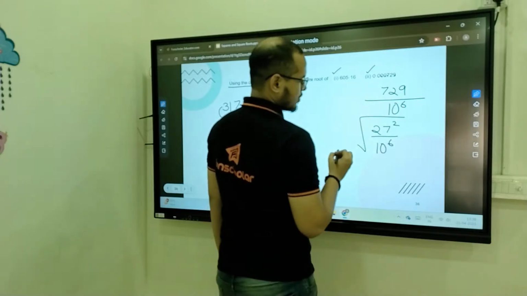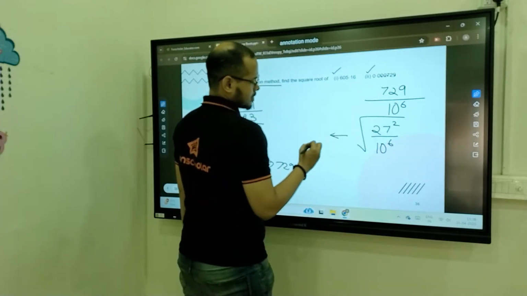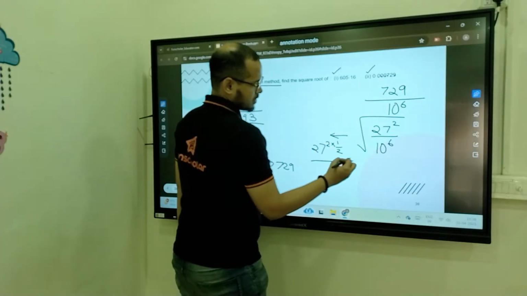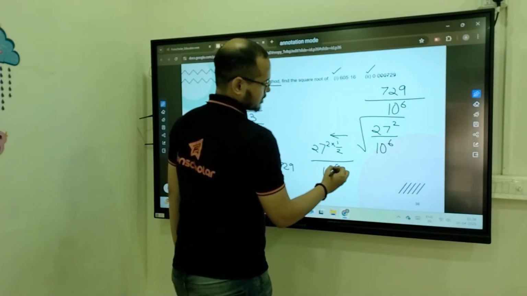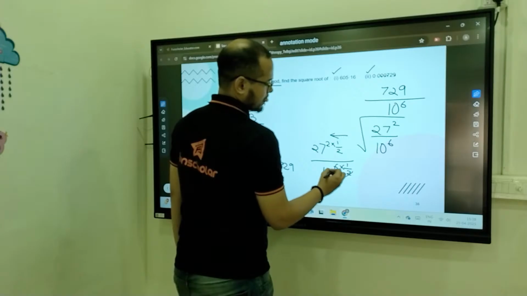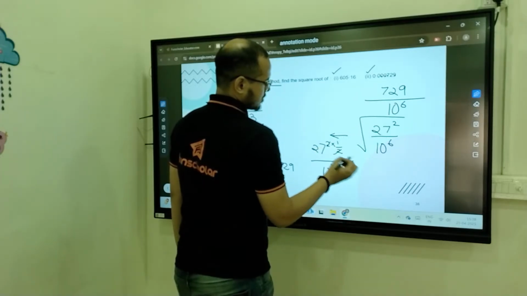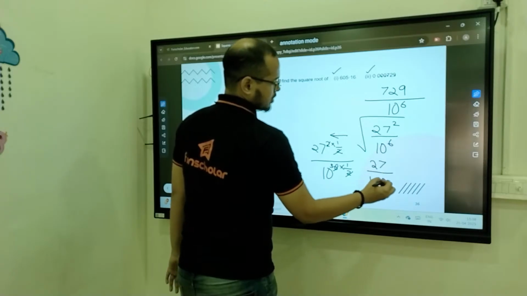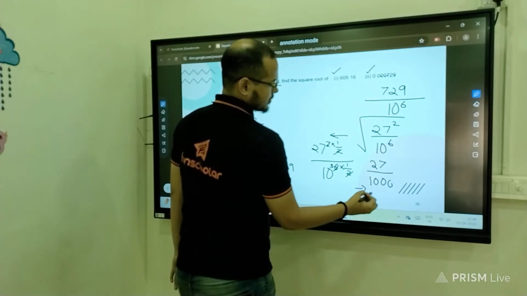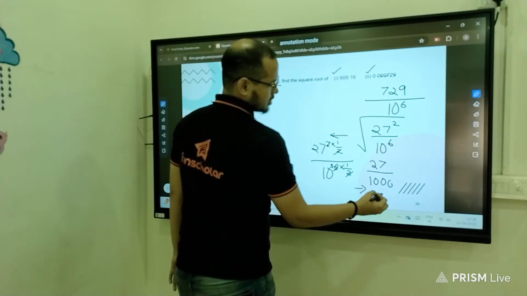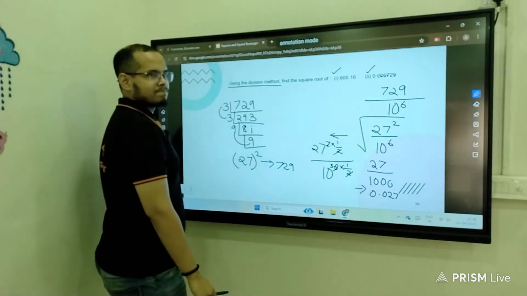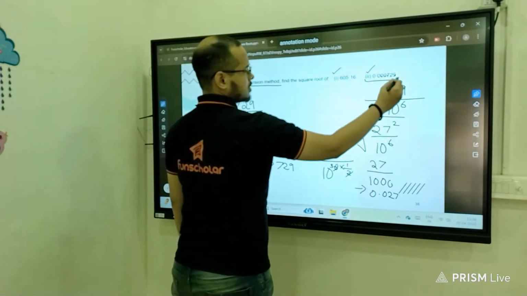This has a root. Okay, so 27 square into half, 10 to the power 6 into half, 10 cubed. So 27 divided by 1000. So the answer will be 0.027. Okay, this is going to be the answer for the second one.